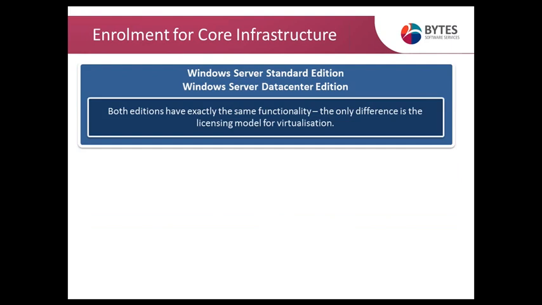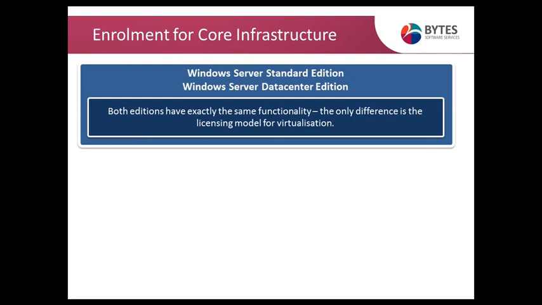So just having a quick refresh on Windows Server licensing. Windows Server now comprises 2 licenses. So you can now buy Windows Server Standard Edition and Windows Server Data Center Edition. Ever since Windows Server 2012 was released, it came down to just these 2 licenses. Previously there was Windows Server Enterprise. That is no longer available.